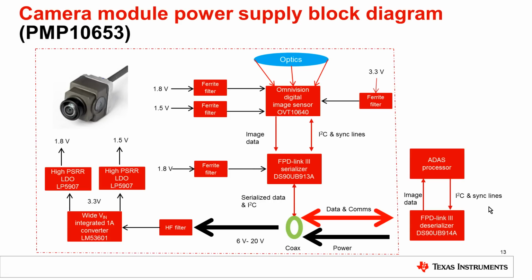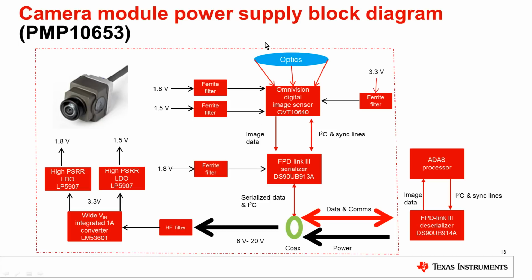Earlier with the PMP10652 design, we talked about powering the ADAS processor and peripheral. Now let's move on to the remote camera module design, which communicates with the ADAS processor through power line communication. This is a typical block diagram of an automotive camera module system.